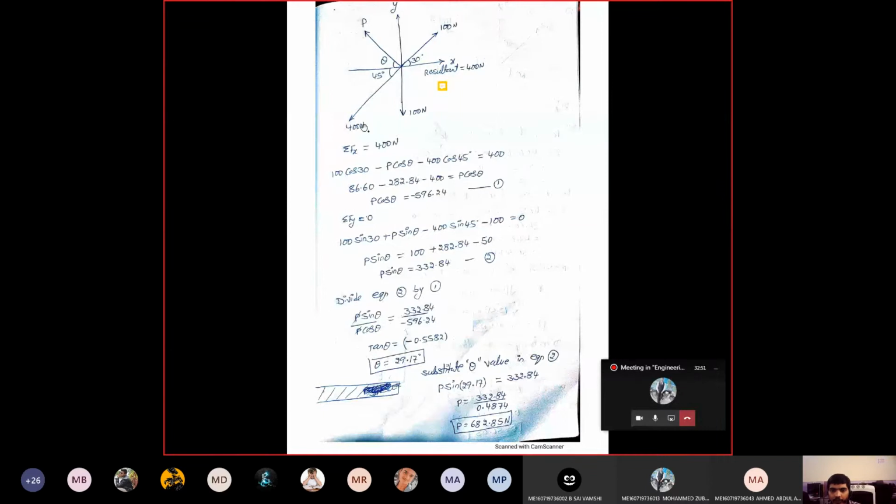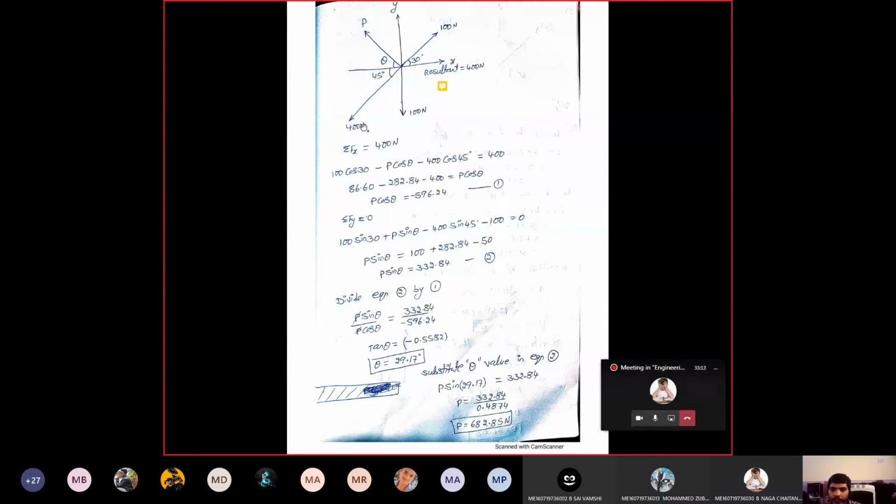What about this one, 400? Minus 400 cos 45. Why cos, sir? Theta is not there here. If theta is there, then that is the cos component. If theta is not there, then that is the sin component. Sine component, yes sir.